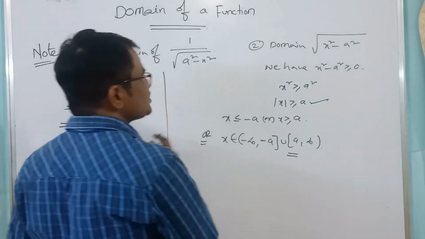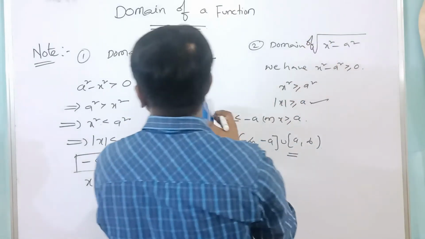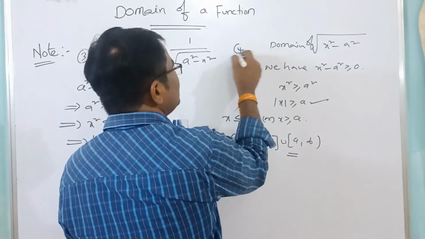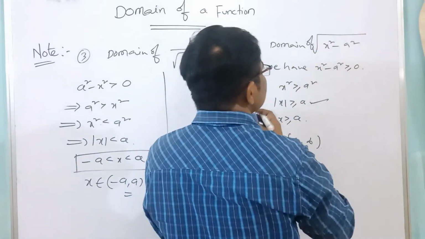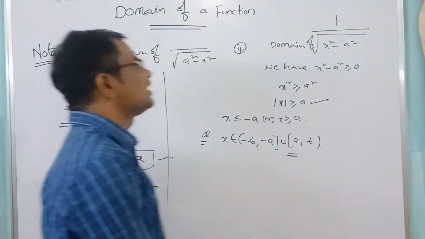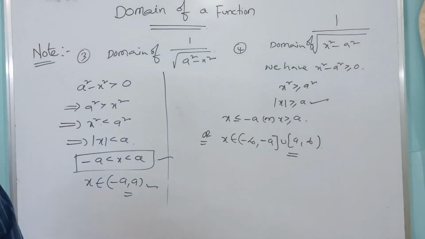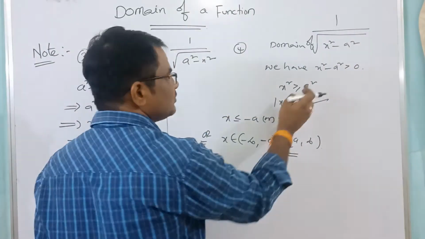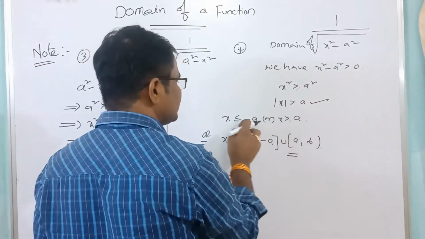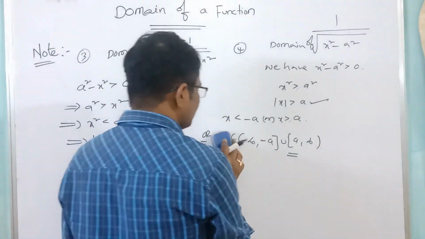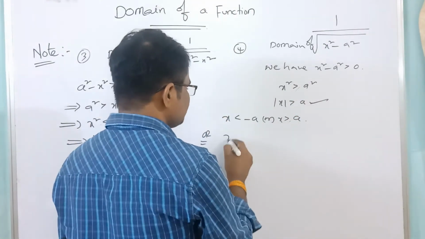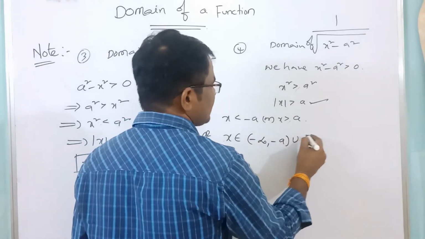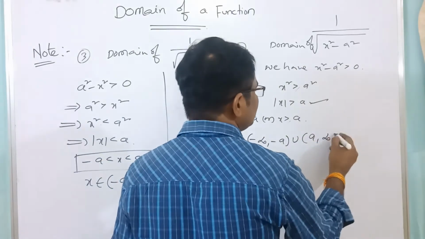This is the third one and this is the fourth one: domain of 1 by root of x square minus a square. Here 1 by is there, no? So strictly greater than 0 we have to take. So we will get x belongs to minus infinity to open interval minus a, and a to infinity.